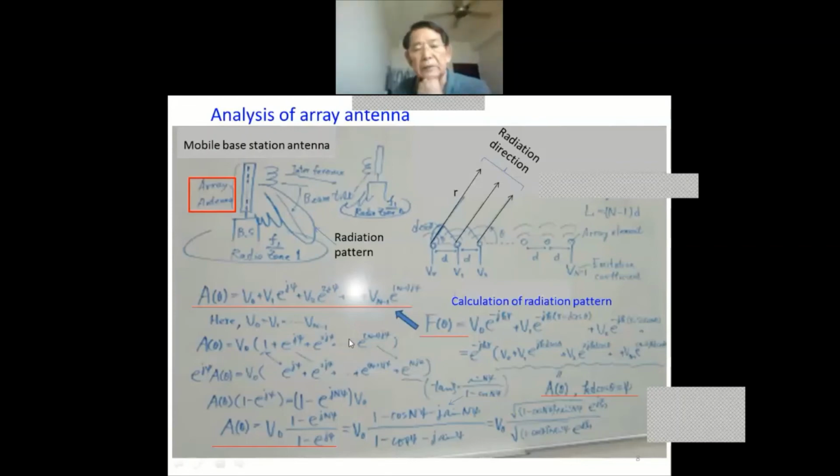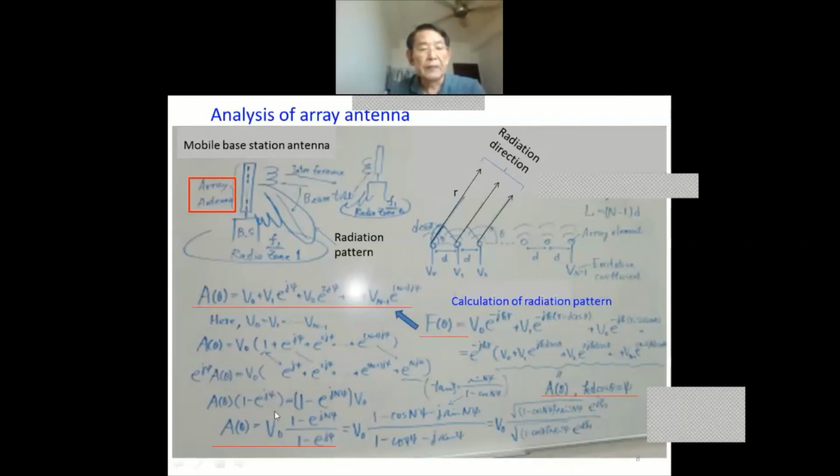So if we subtract this one from this one, then only the first term and the final term survive. Each other part can be cancelled. So this is a technique to obtain this summation: multiply by this ratio.